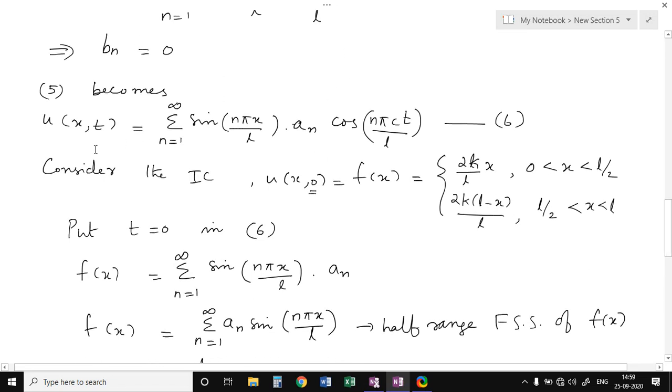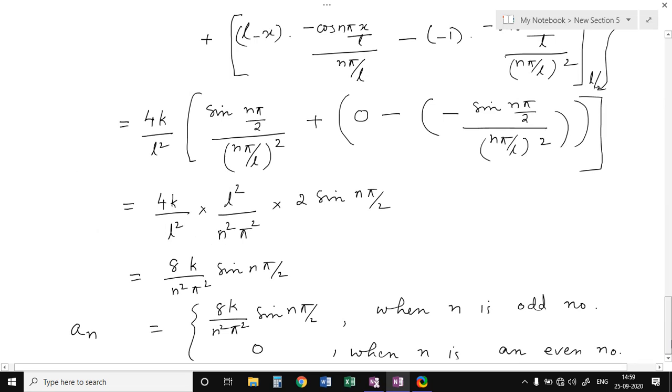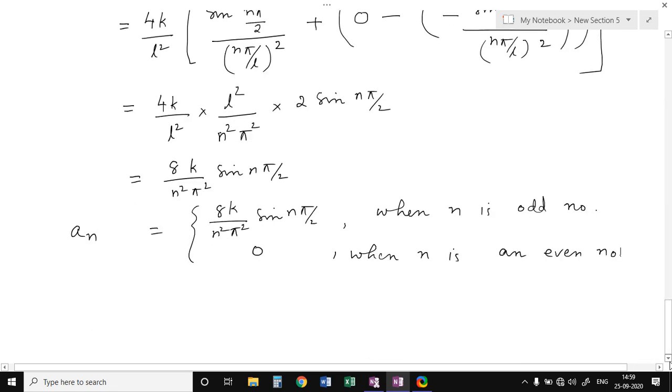So what we can say is that the solution of the given problem, that means the one dimensional wave equation having triangular initial deflection, is u(x,t) equal to summation n varies from 1 to infinity sin n pi x by L an cos n pi ct by L, where an is given by the last equation. So I will take this as equation number 7.